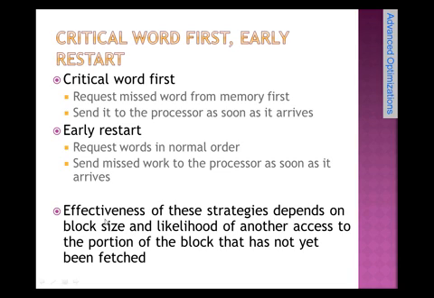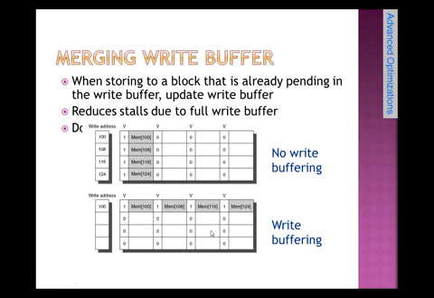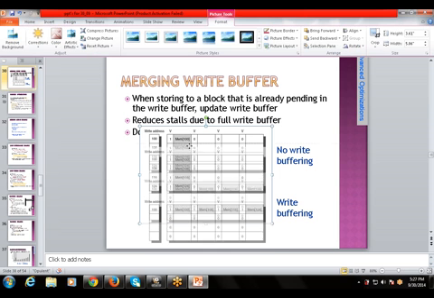The effectiveness of these strategies depends on the block size and the likelihood of another access. That is, it depends on the scenario: what the block size is and what the likelihood of another access is. Then next is merging write buffer.